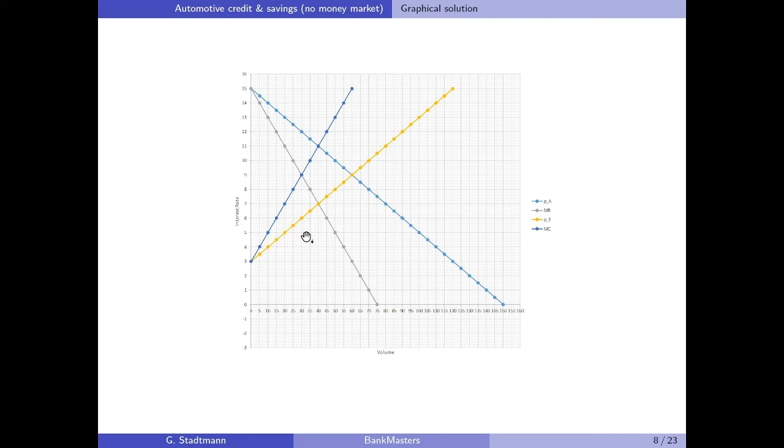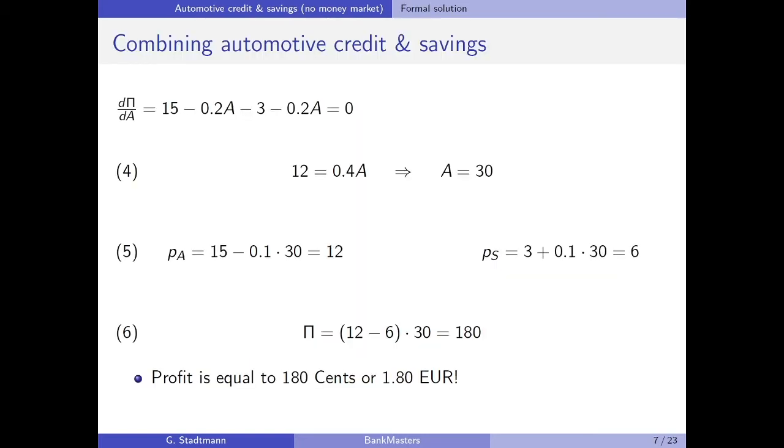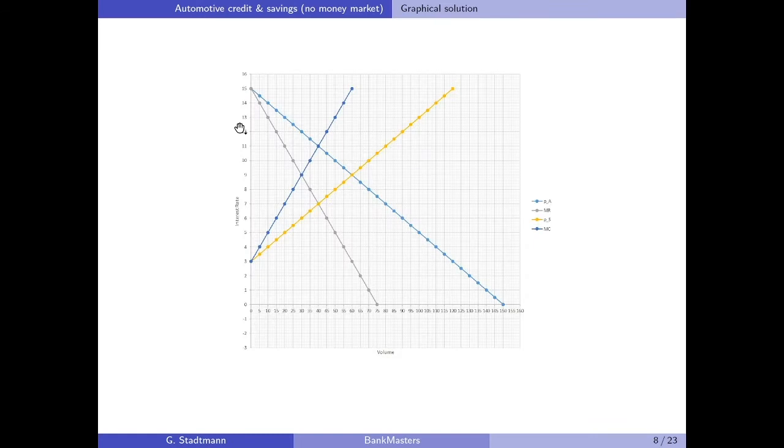The other one was the marginal revenues. It was actually given in the previous one. We have seen that 15 minus 0.2 times A. So this was the marginal revenue side and the function is also drawn in here.